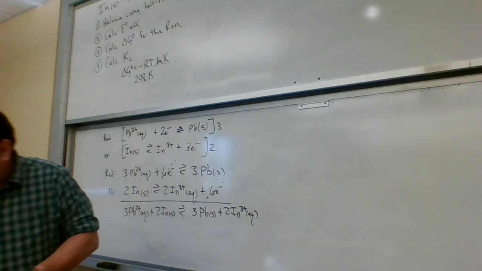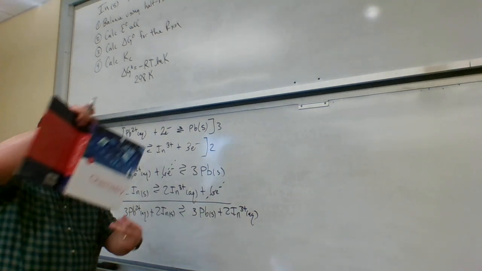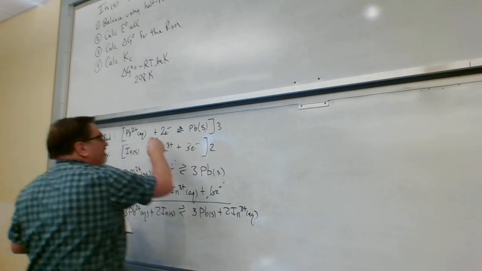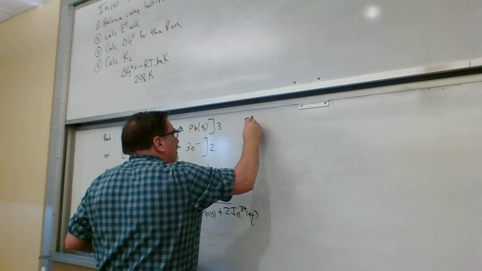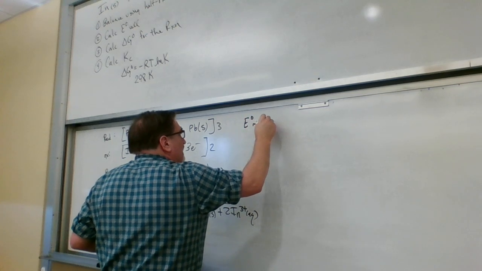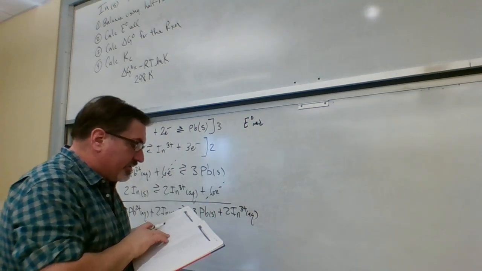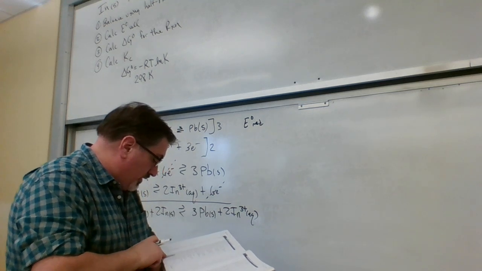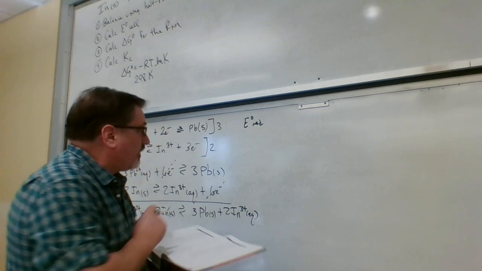All right, so when I solve for E0 for the cell, I get my table out, I find the 2 electron reduction of Pb2+. And the reduction potential for Pb2+, 2 electron reduction, is minus 0.12 volts.